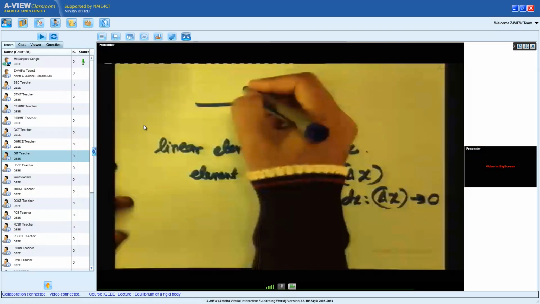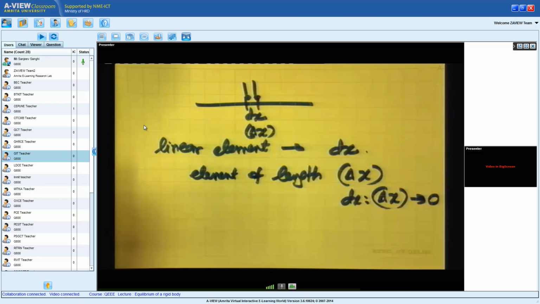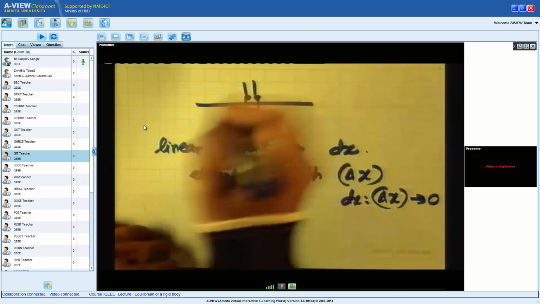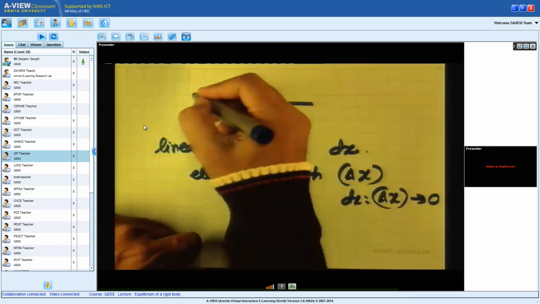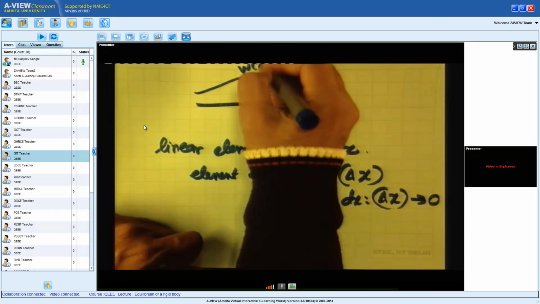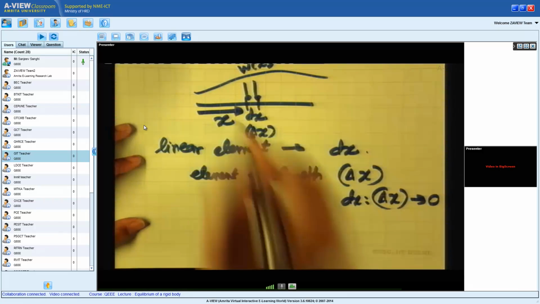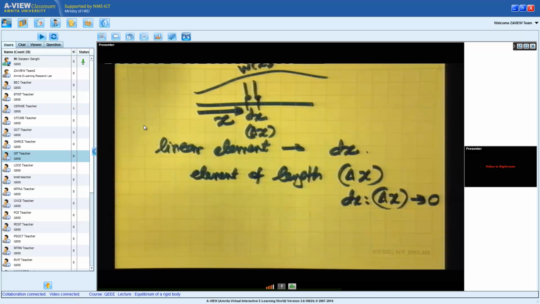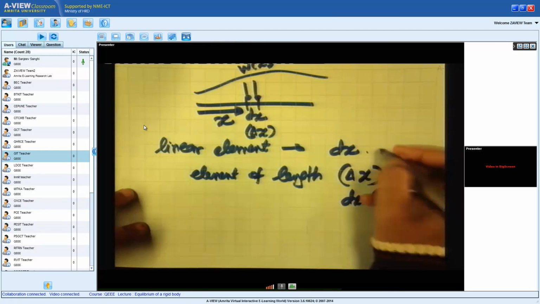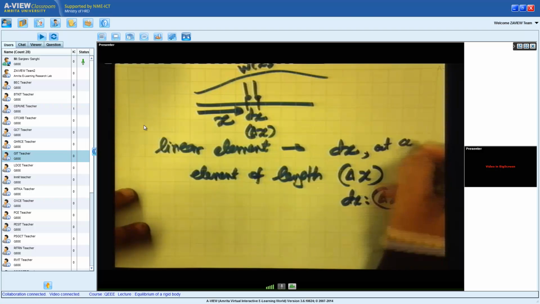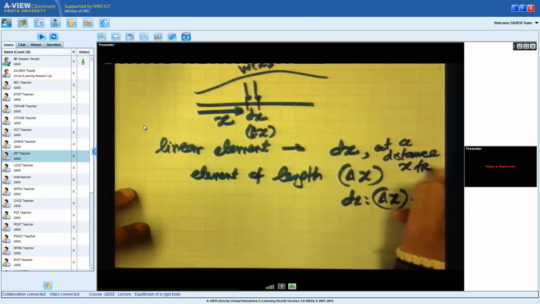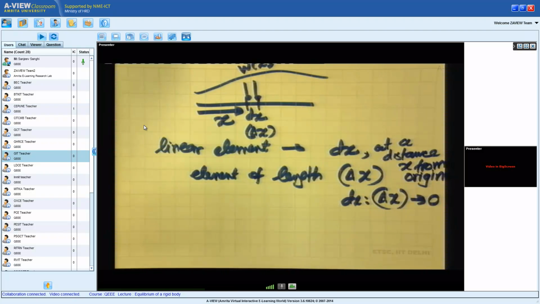Now on this, what is the force which is acting? This function is given to us as w of x, and we choose a linear element dx at a distance x from the origin. This is the most basic step.